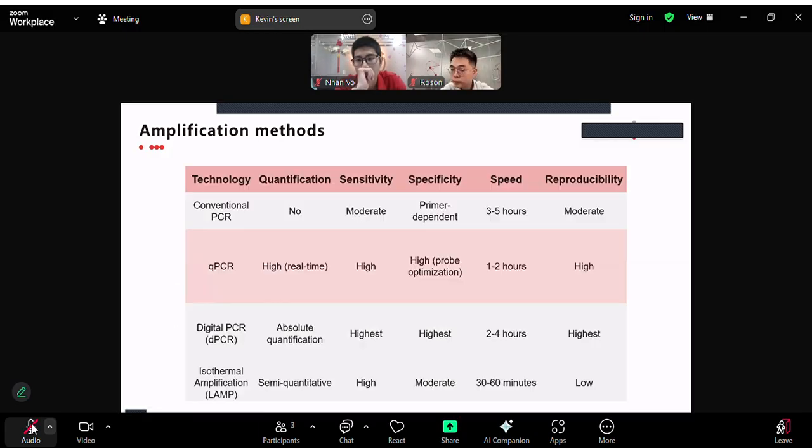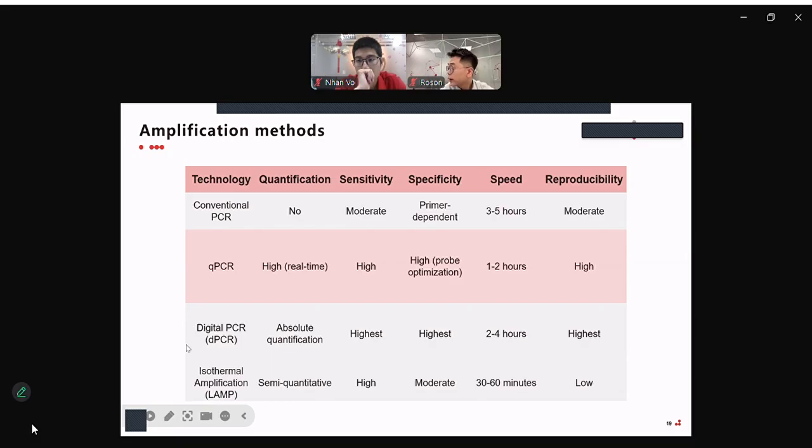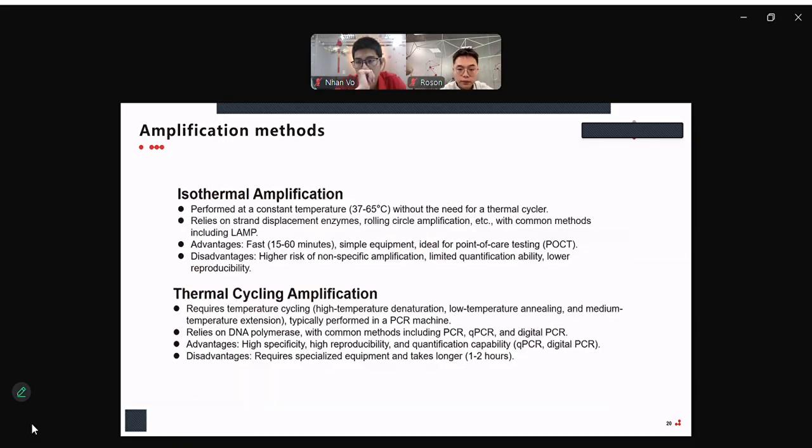And the conventional PCR method, the qPCR method, and the digital PCR method can be differentiated as thermal cycling amplification methods. This kind of method requires temperature cycling. Just like I mentioned before, the temperature goes to 90 degrees and comes down to 60 degrees, cycle by cycle, to finish the amplification.